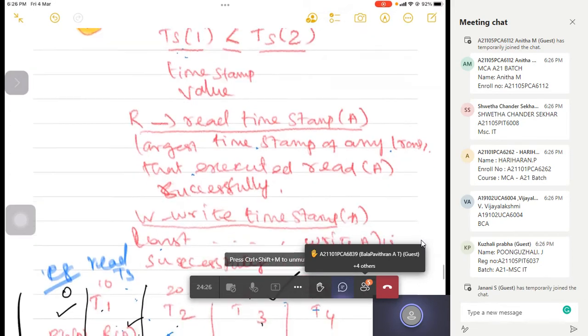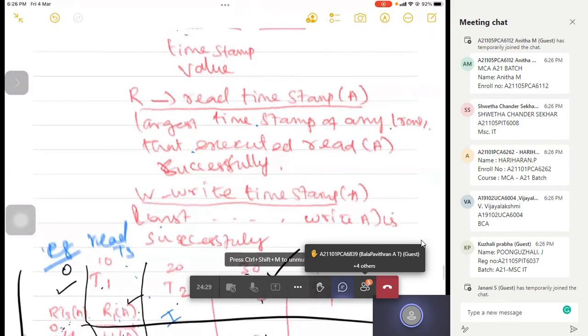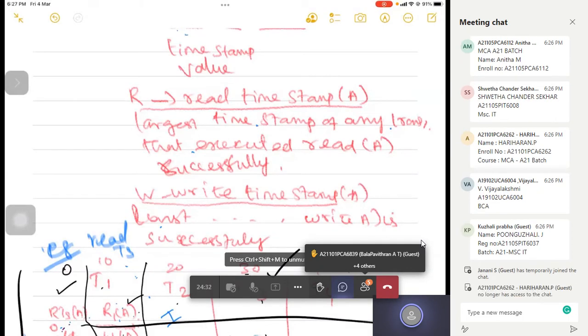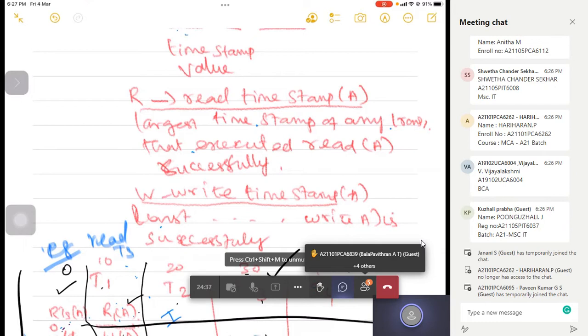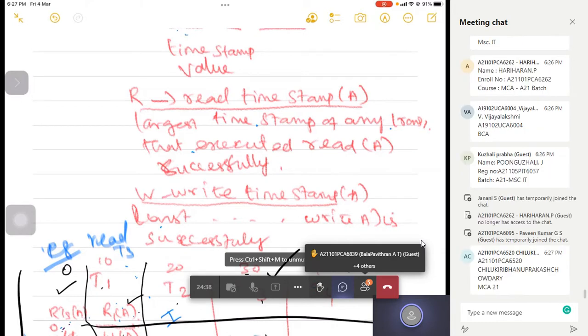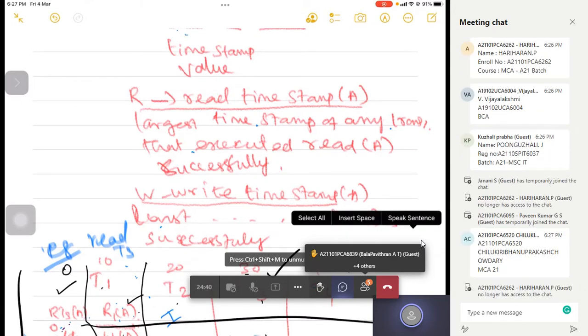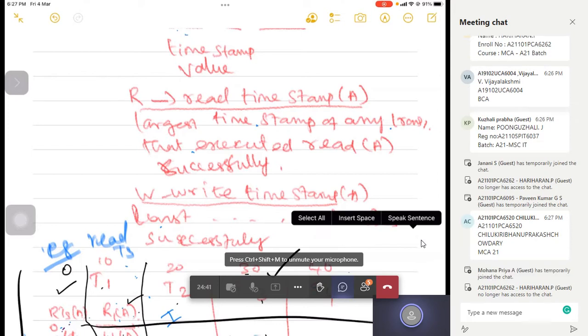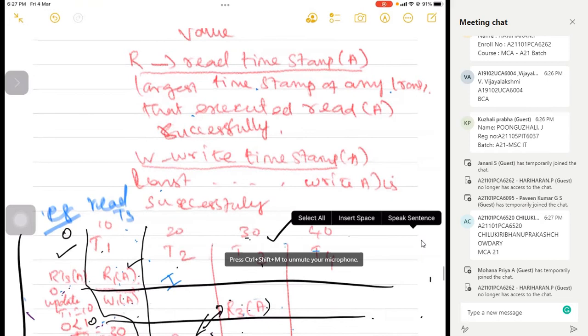Read operation, write operation timestamp அப்படின்னா என்னன்னா, that is the timestamp of any transaction that executed write of A successfully completed. Write timestamp and read timestamp.